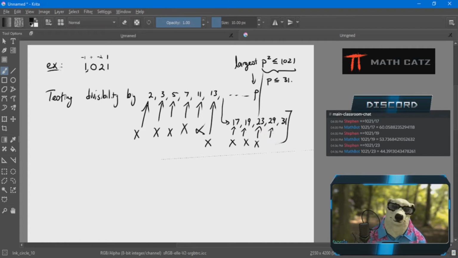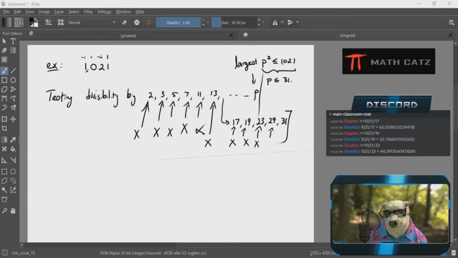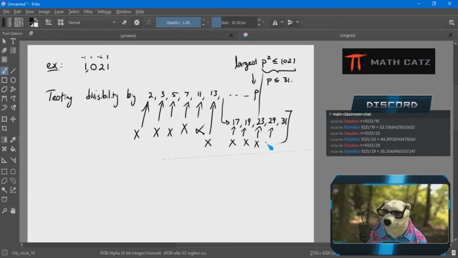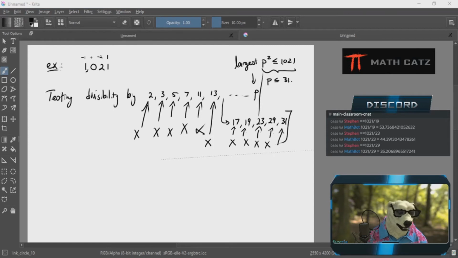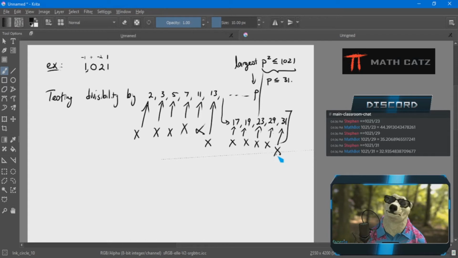You never know. 29. No, not yet, but there's one more. All our hopes rest on 31. You are our last hope. To make sure I actually type it in right. Oh, so close. Actually, not close at all.